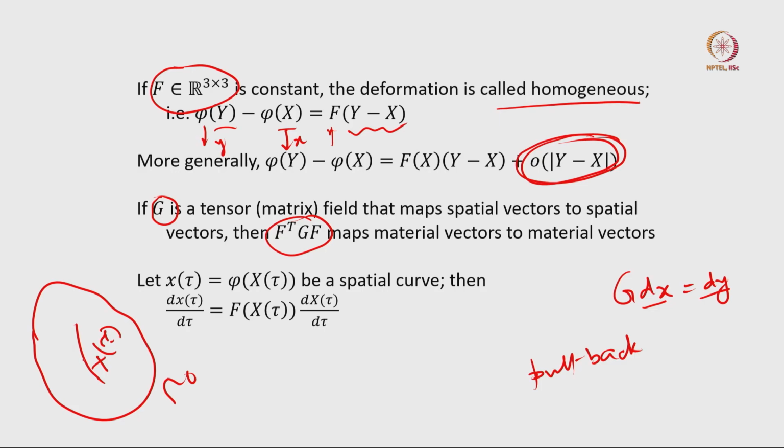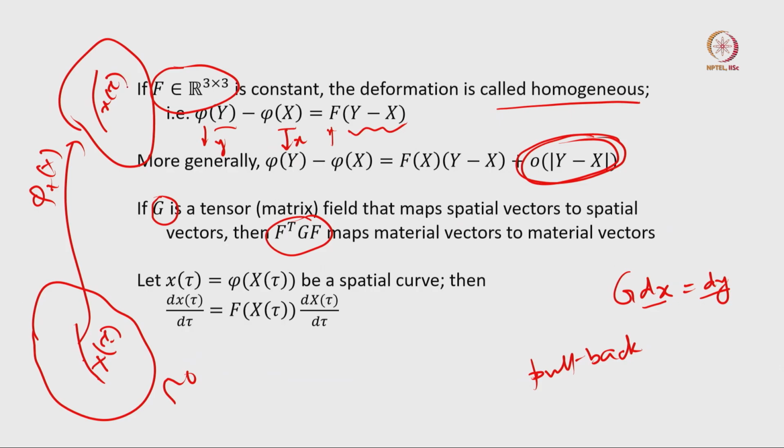For every tau you get a point, and this curve in the material body is mapped under phi_t to another curve small x(tau), under this one-to-one mapping.